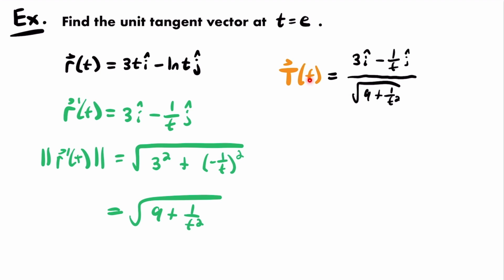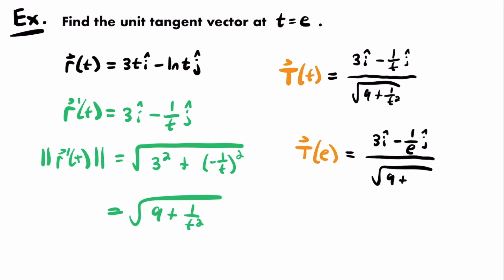So that is the unit tangent vector itself, but we want to find the specific unit tangent vector at t equals e. So let's plug in e and see what we get. We'll have capital T of e is equal to 3i minus 1 divided by e times j divided by the square root of 9 plus 1 divided by e squared.